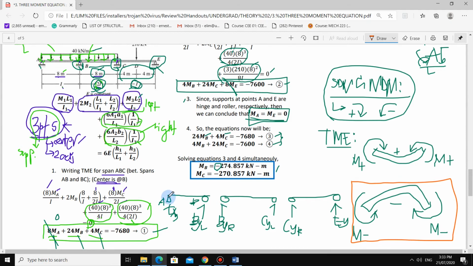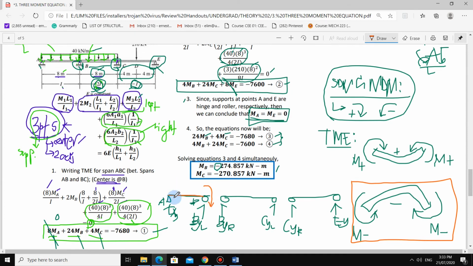So if we consider AB, no? Consider AB. So asa na bilong si MB karon? So naa diri sa right side. So since negative man ang moment, so unsa ang porma sa kuan? Unsay rotation sa negative moment at the right side? Di ba kay ang B is right side man na siya dala. So clockwise. Okay, so ana yung mga porma dali.